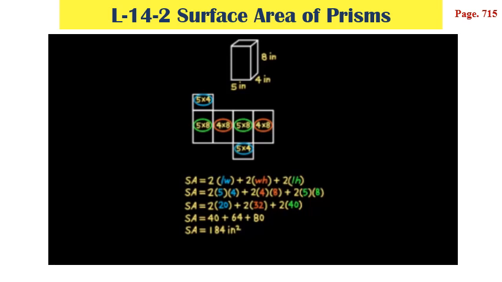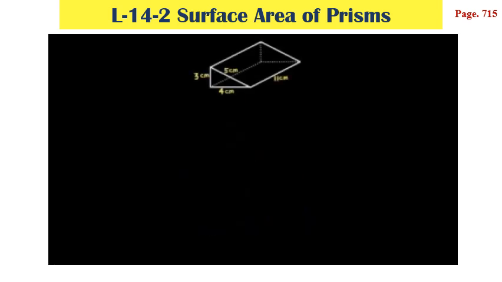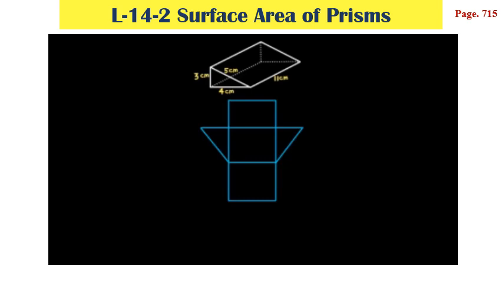Once again, we find a surface area of the prism is 184 square inches. We found the surface area of a rectangular prism. We can also find the surface area of a triangular prism. Let's use a net. The net shows us that a triangular prism has 2 triangular and 3 rectangular faces.